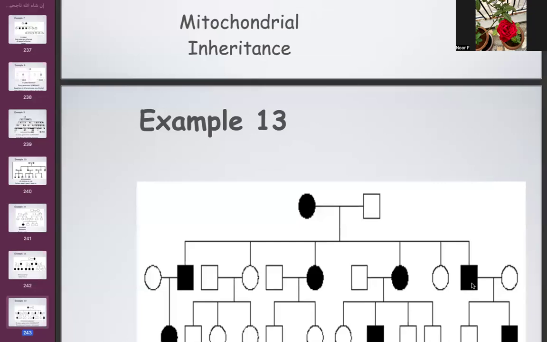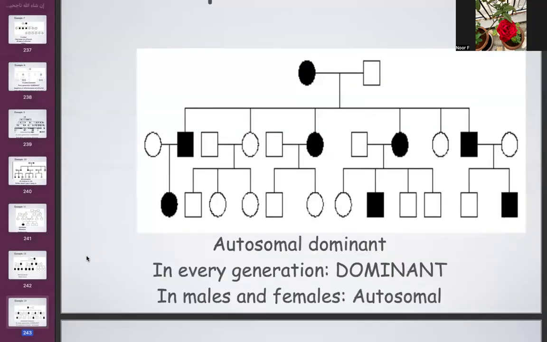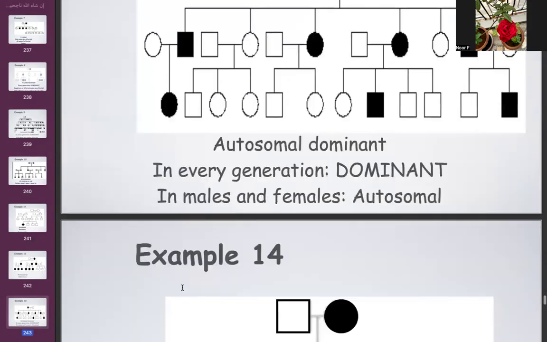If it were mitochondrial, there shouldn't be transmission from male to male. So for me, it is autosomal dominant. In every generation it is there, and in males and females it is equally affected.